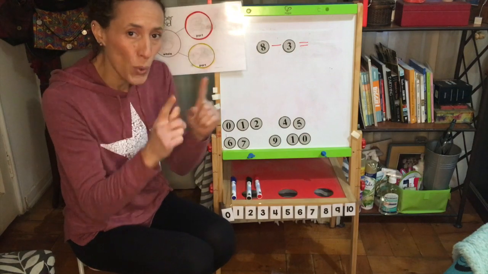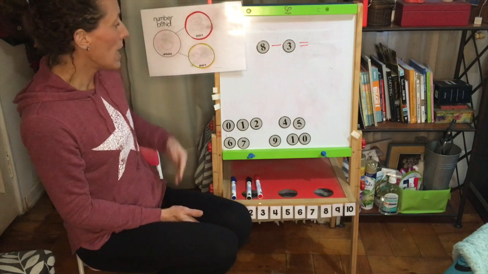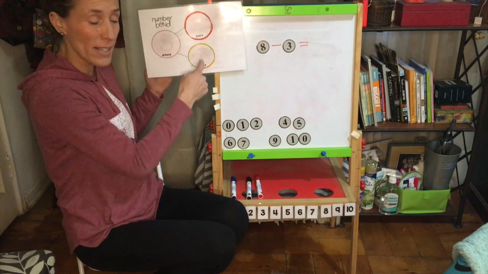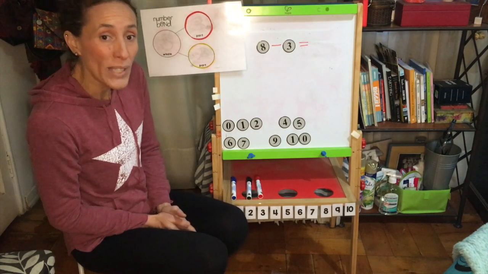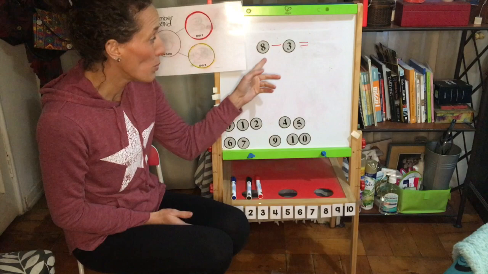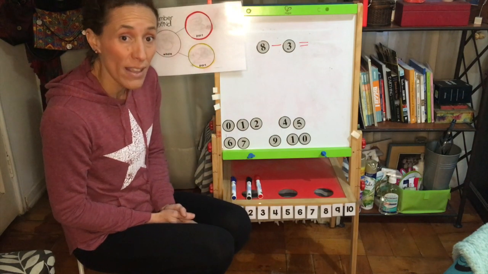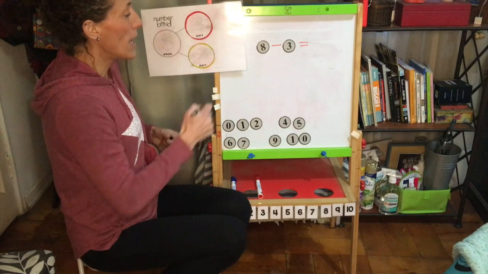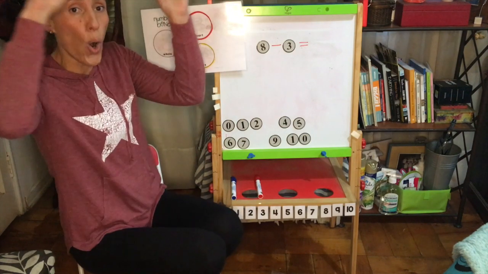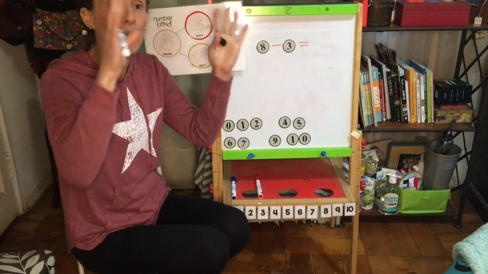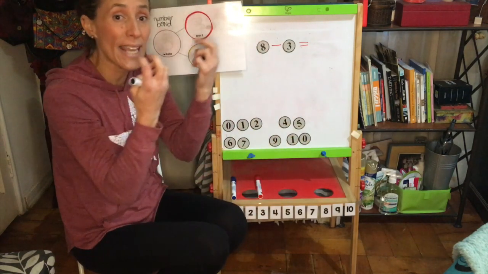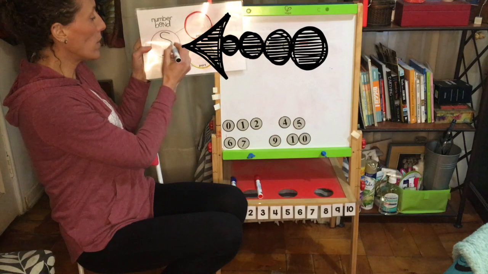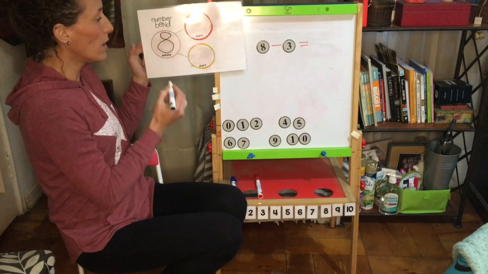What is important to understand here? Remember that in a number bond we have the whole and the parts? Well, I want to tell you where we are going to put these numbers in the number bond. Number 8 is the whole because it's the group where we are going to take away. So number 8 is going to go in the whole.